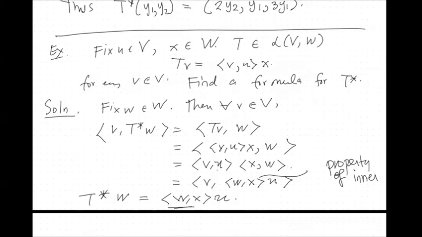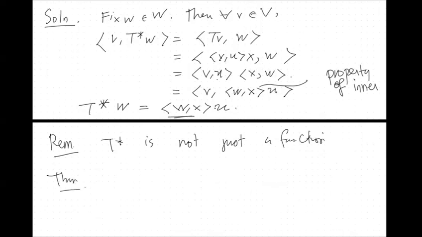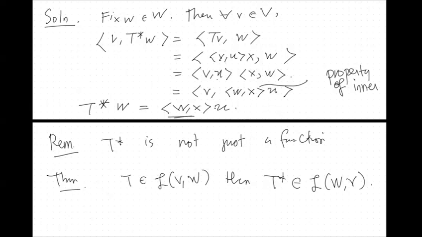In the above definition, T star is not only a function, but it is in fact a linear map. We can state this as a theorem: if we have T a linear map from V to W, then T star is also a linear map from W to V. Of course, how do you show this is a linear map?